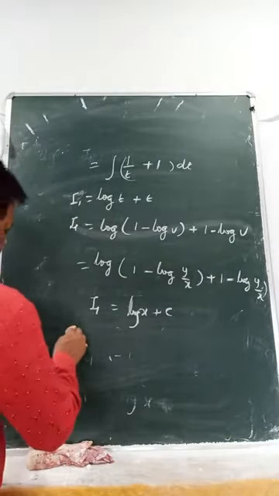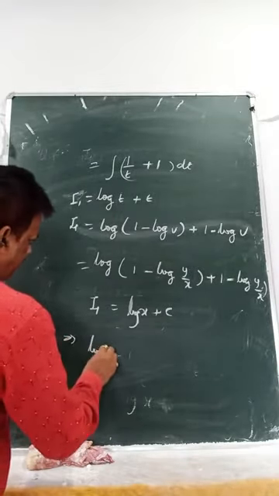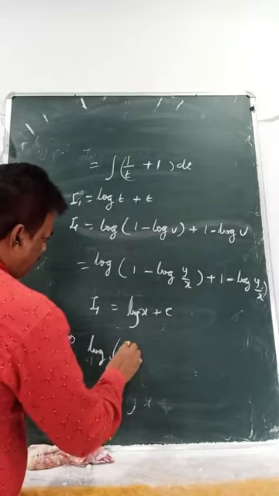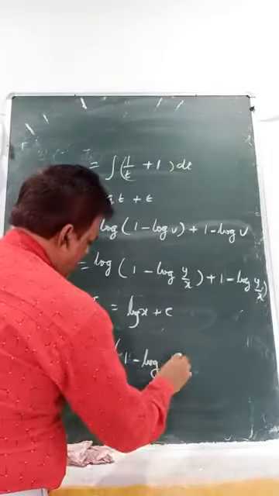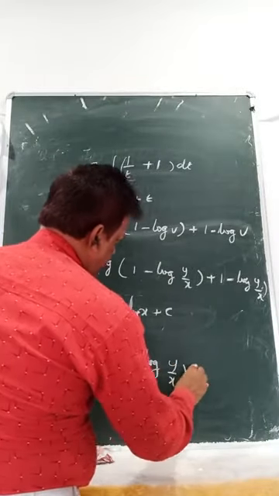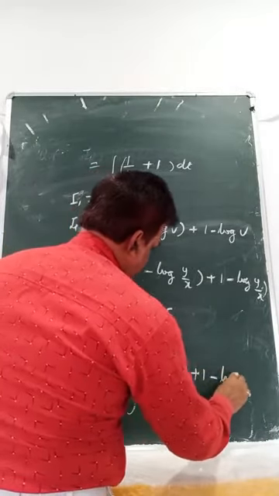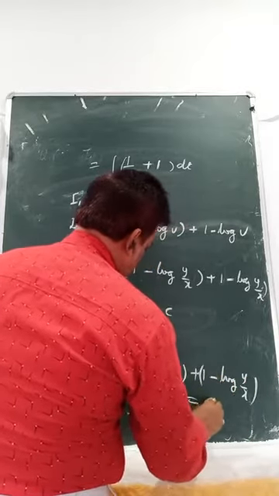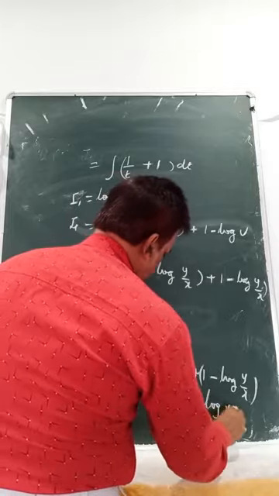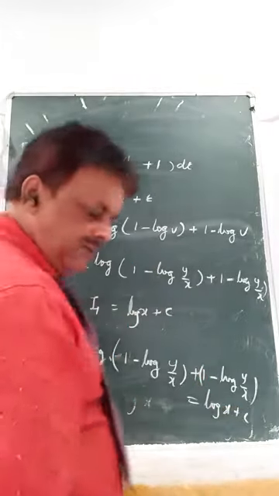So you can write log of (1 minus log y by x) plus 1 minus log y by x equals log x plus c. You can leave it like this.